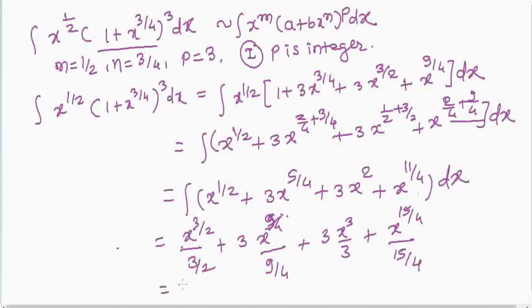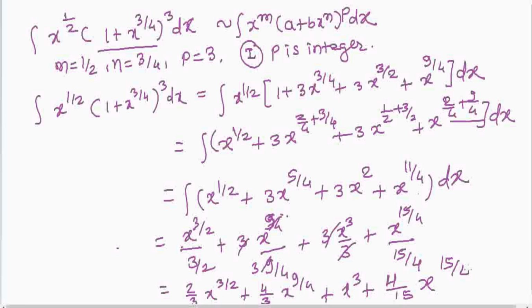This equals 2 by 3 x raised to 3 by 2, plus 4 by 3 x raised to 9 by 4, plus x cube, plus 4 by 15 into x raised to 15 by 4.